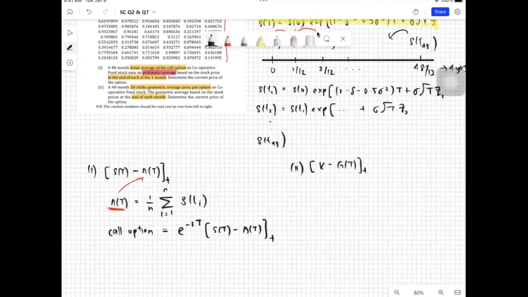K is your strike price and GT is your geometric average of price, which can be obtained by multiplying all your stock prices that you found for the 48 periods and finding the root of it. So that's how we get GT.